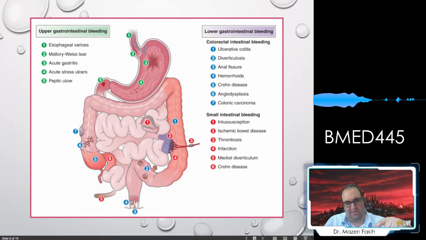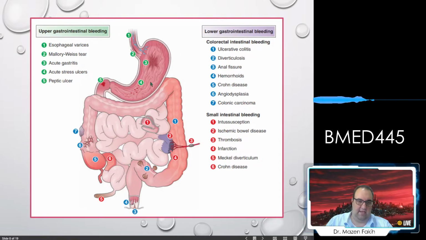Basically there's overstimulation of the stomach through the H2 receptors, the histaminic receptors, and they end up oversecreting acid.